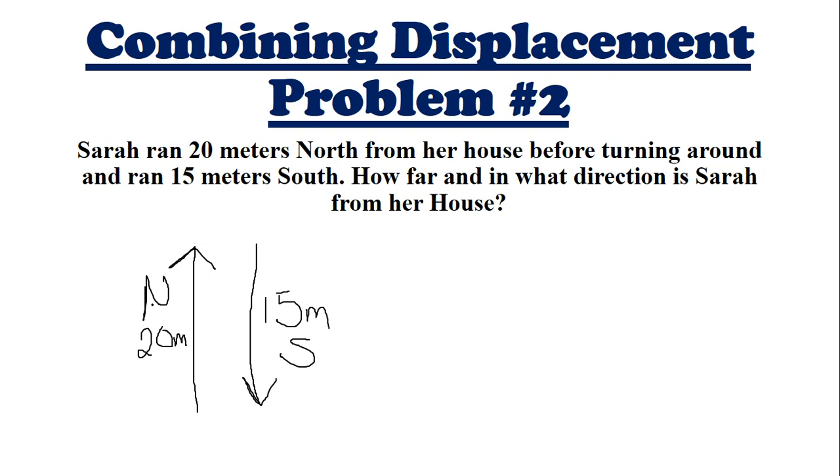So we can see one is north and one is south, and they are opposites of each other, because north and south are opposites and east and west are opposites. So we would take our two values, 20 minus 15, and we're going to subtract them because they're in opposite directions. So you get 5 meters.